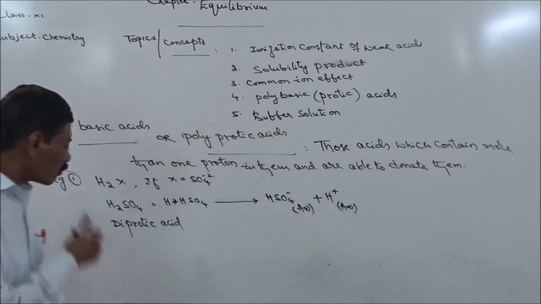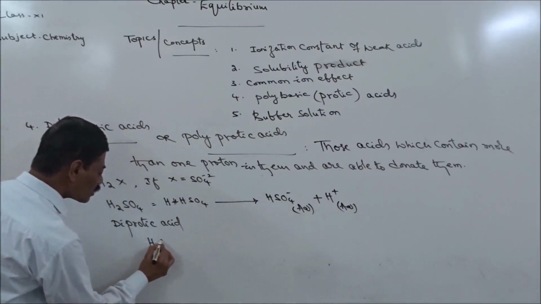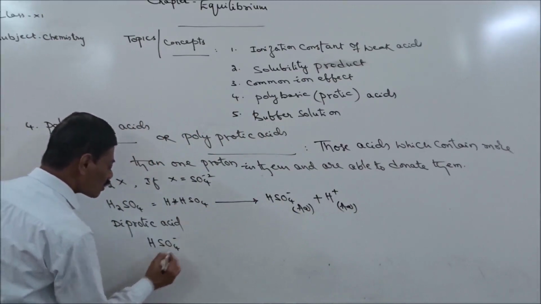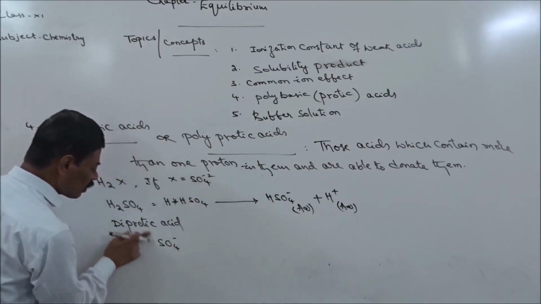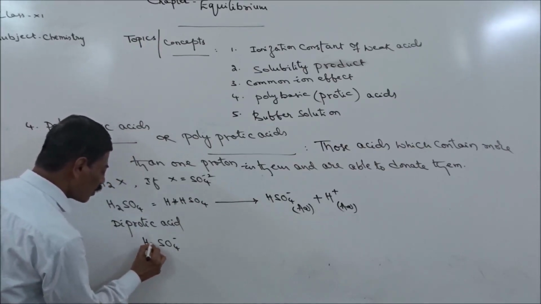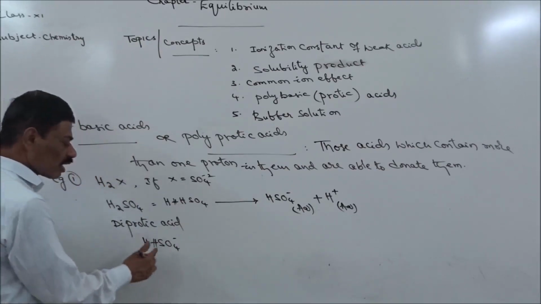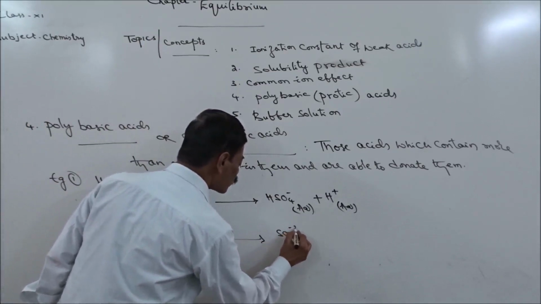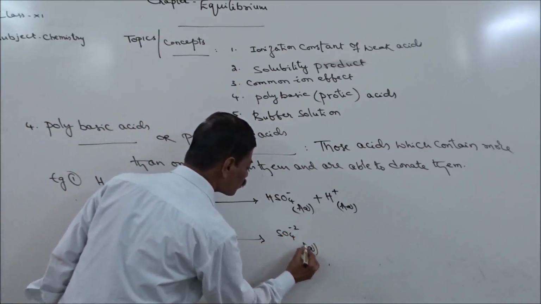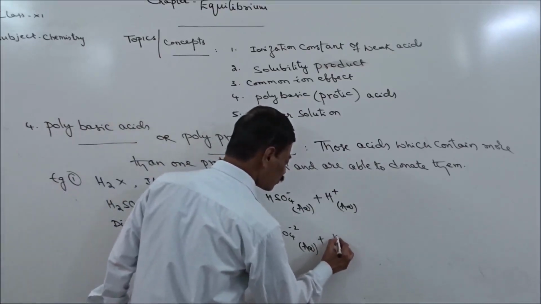In the next step, the so formed bisulfate ion, HSO4 minus ion, has a bond in between hydrogen and the sulfate. Again, if this bond is broken, then it becomes sulfate dinegative ion in aqueous medium and the second proton.